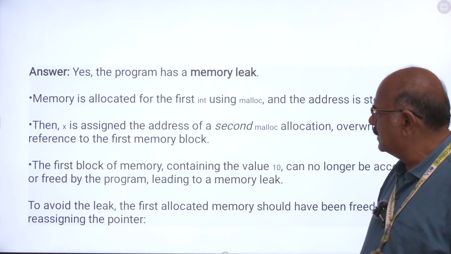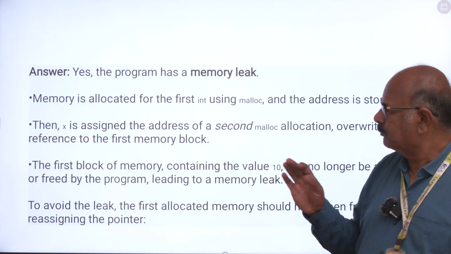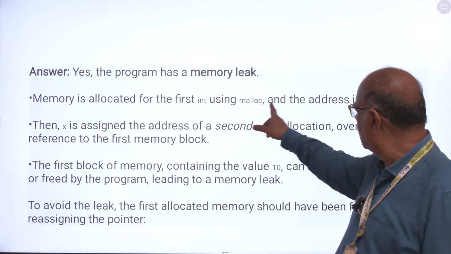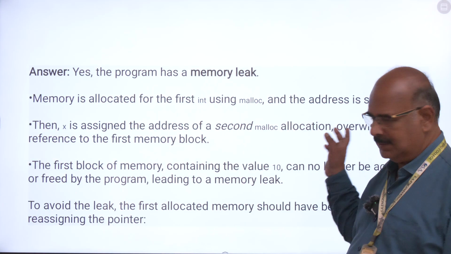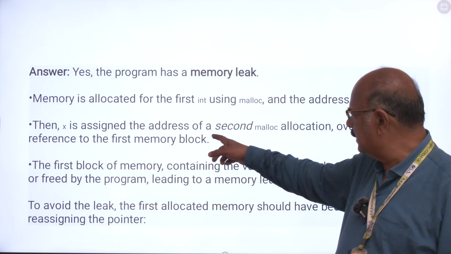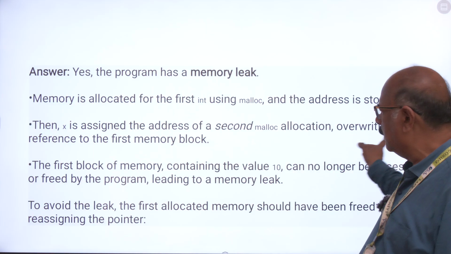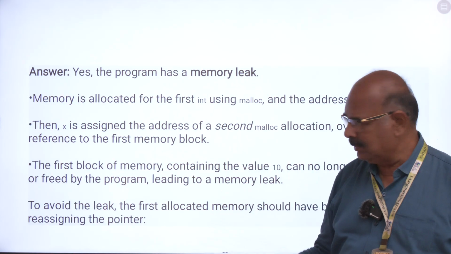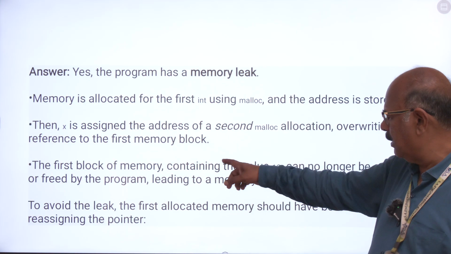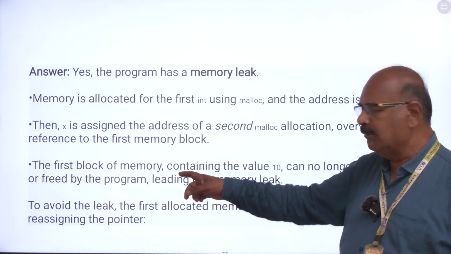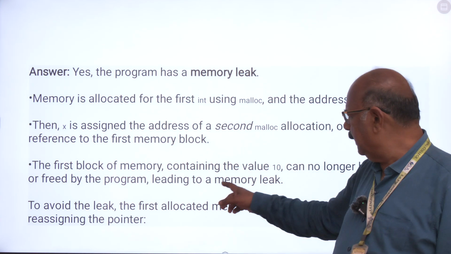What happens here? Answer: yes, the program has a memory leak. Memory is first allocated using malloc, and the address is stored in x. Then x is assigned the address of a second malloc allocation, overwriting the reference to the first memory block. The first block of memory containing the value 10 can no longer be accessed or freed by the program, leading to a memory leak.